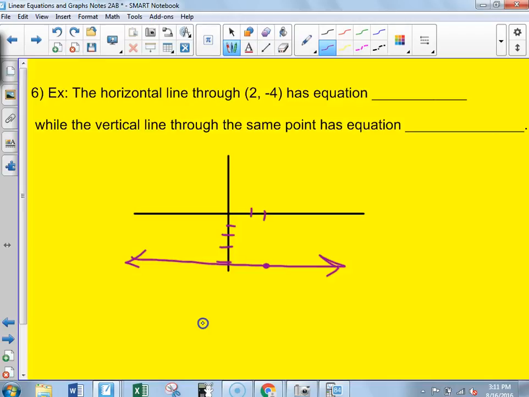What kind of a line is it? y equals or x equals? y equals. Right there, y equals -4, right? So the vertical line through that same point would be x equals 2. Make sense now that you think about it?